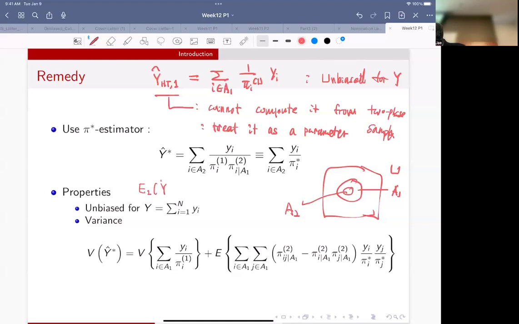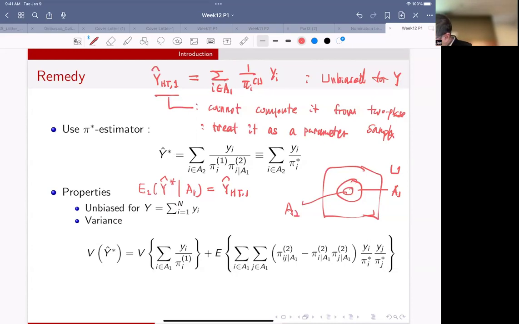So you can see that your estimator given A1, the conditional expectation of Y star given A1, is equal to Y hat HT1, because we just apply the Horvitz-Thompson estimation method for this. And then after that, I can take expectation on both sides with respect to the sample design for A1.